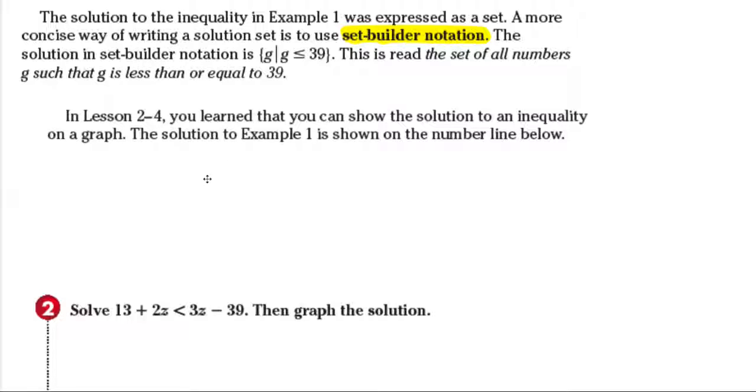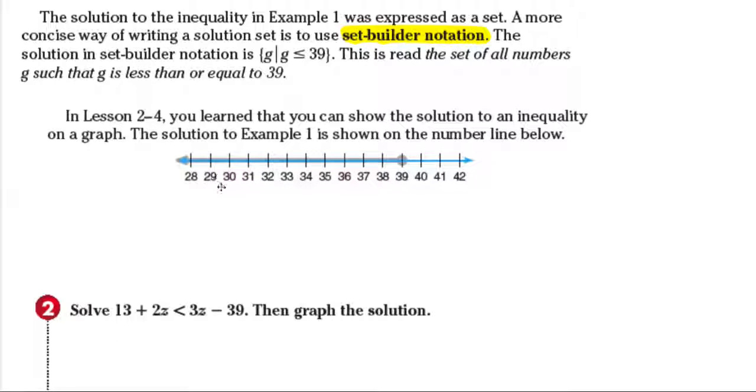In lesson 2-4, you learned that you can show the solution to an inequality on a graph. The solution to example 1 is shown on the number line below. This is the solution for example number 1: a closed dot on 39, going to the left, since it's less than or equal to and it's pointing to the variable.